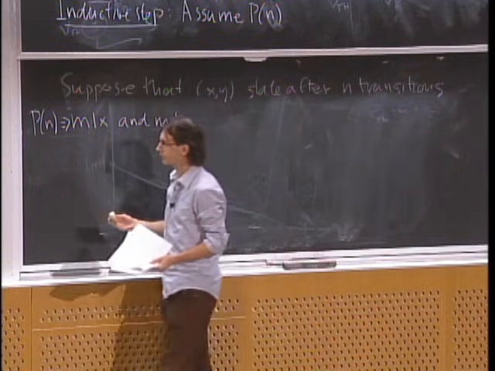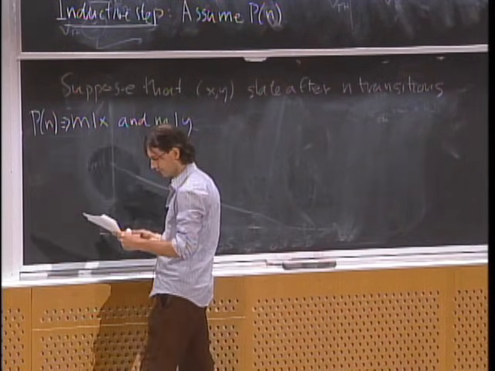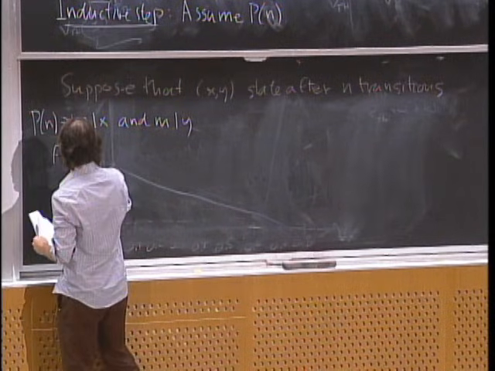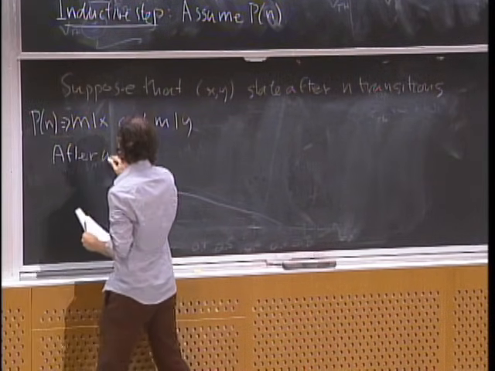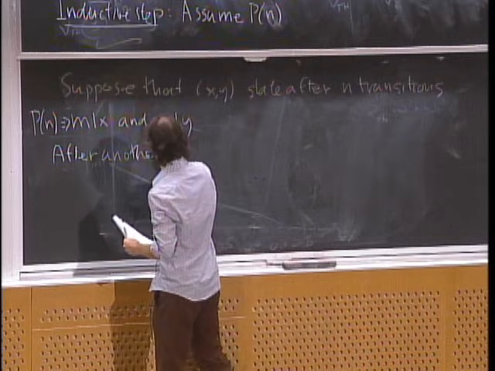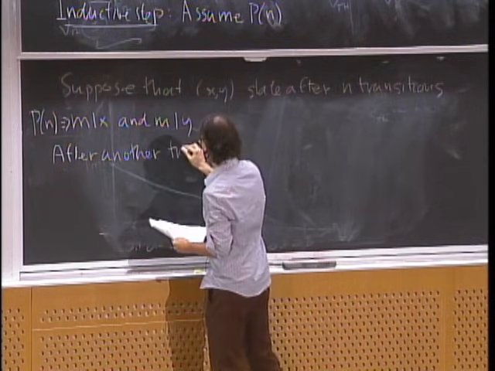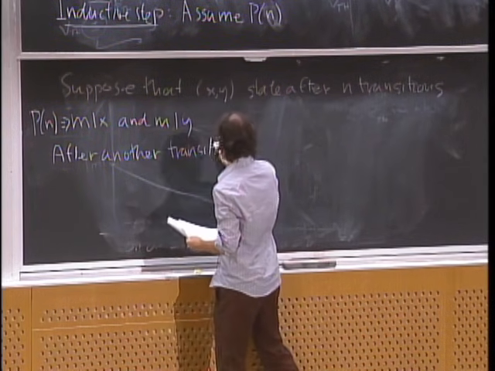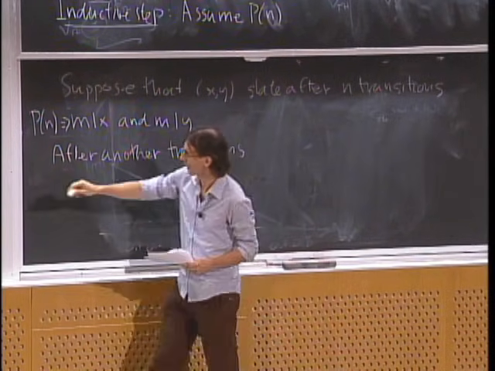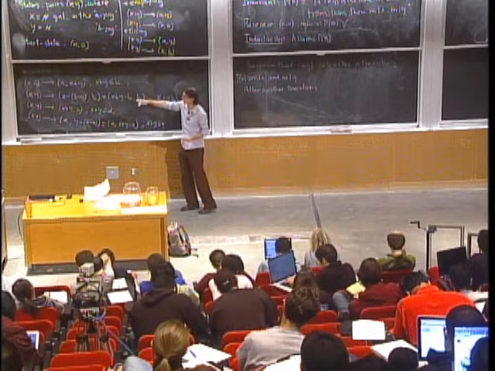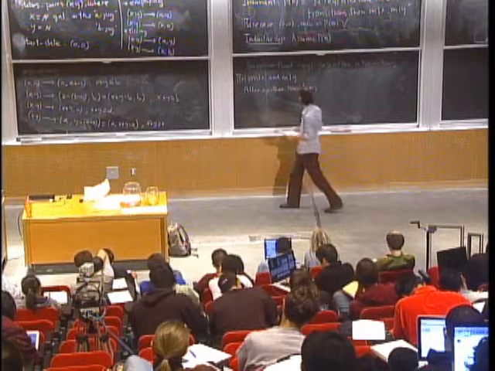So after another transition, what happens? We can conclude that the jugs are filled by the different types of numbers that we see here in this state machine. So let's write them out.